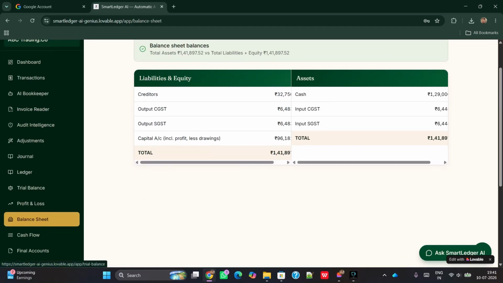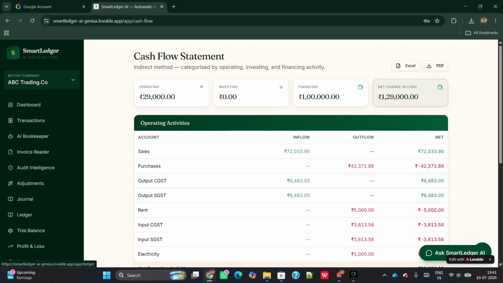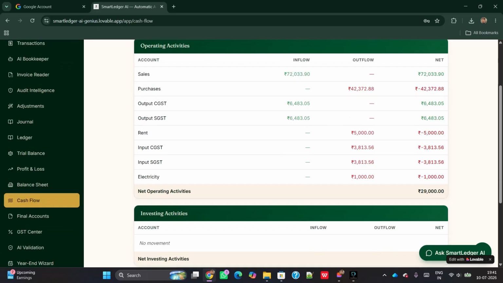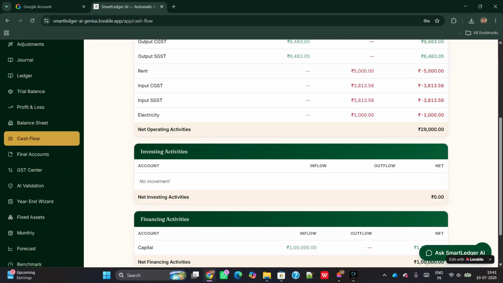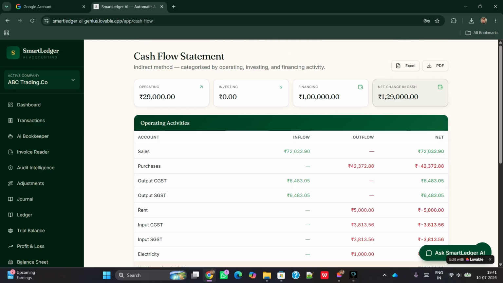So coming down to the next feature, that is cash flow. Cash flow is a feature which helps the business to find out how much operating, investing and financing cash the business has generated.